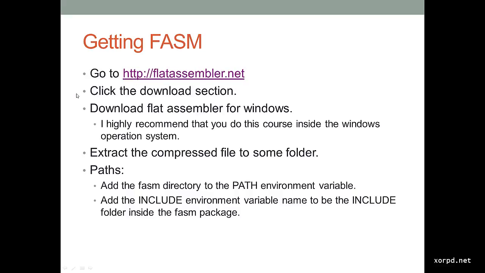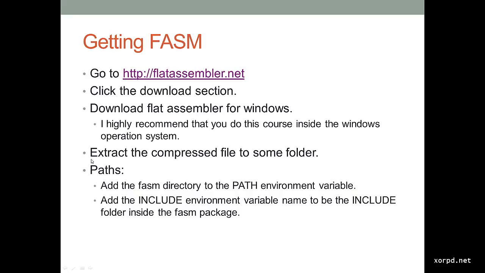You click on the download section and then you download flat assembler for Windows. If you use a different operating system, I don't recommend this, but if you do, then choose the right one. For example, if you are using Linux, then you might want to download the flat assembler for Linux. The one for Windows is not going to work for you.